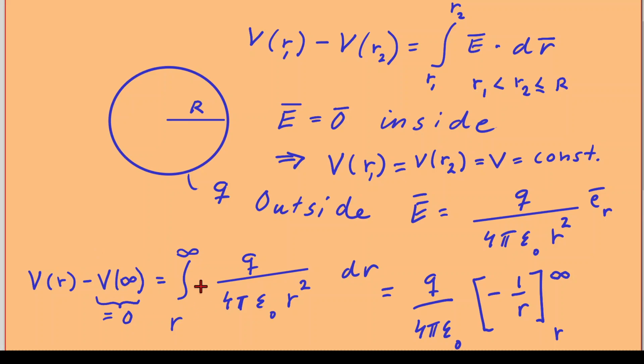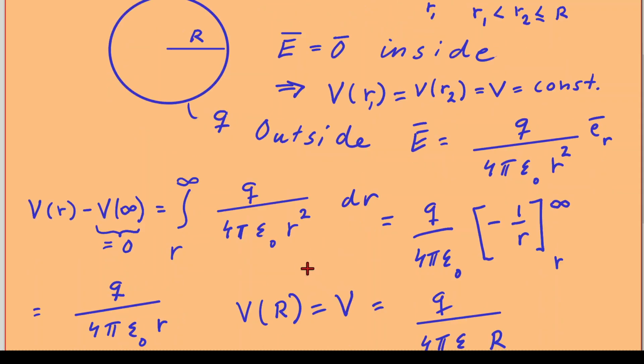But that is 0. And here, that's the electric field dot product with dr. But the unit vector dotted with dr is just dr without the vector. So it's just this expression. And this is a constant.